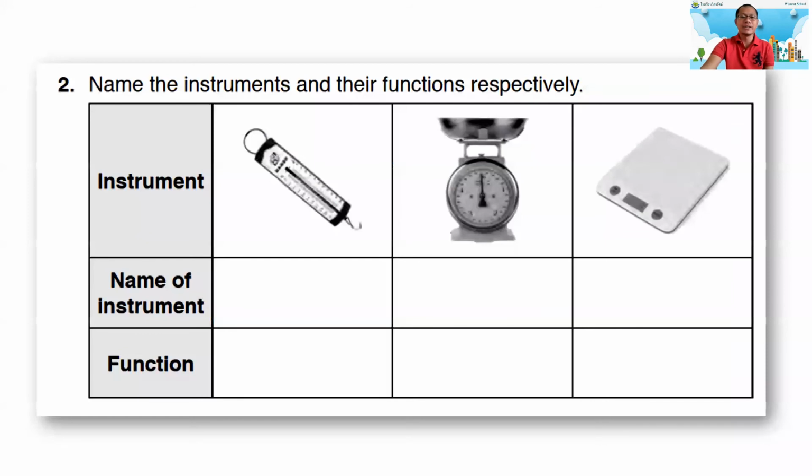Here we have instruments, and we need to write the name of the instrument. For this one, I know that you know already. What is this? This is an electronic balance.